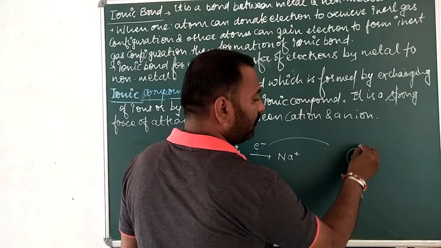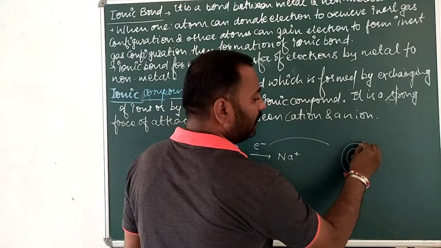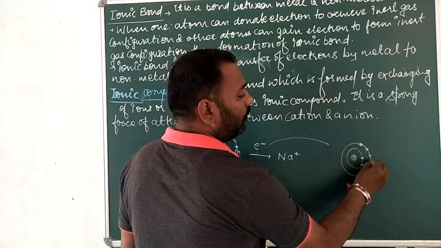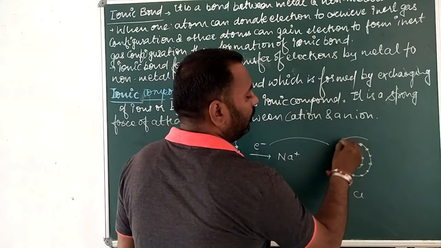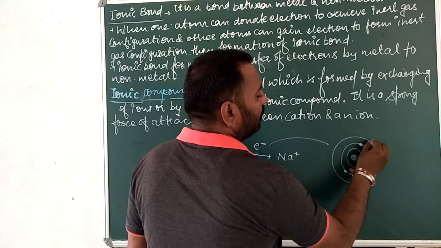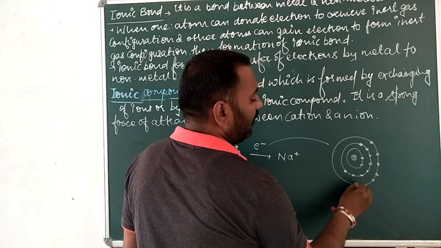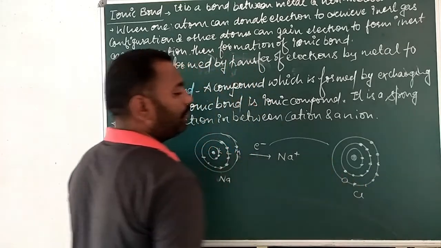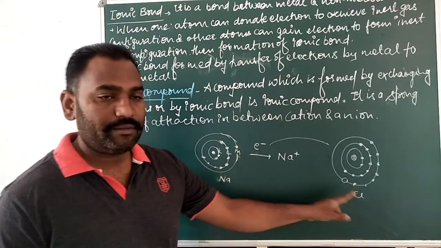This is the chlorine neutral atom, with one more shell. Here are 8 electrons, and in the last shell 7 electrons, and there is a gap for one more. So this is the chlorine atom structure.